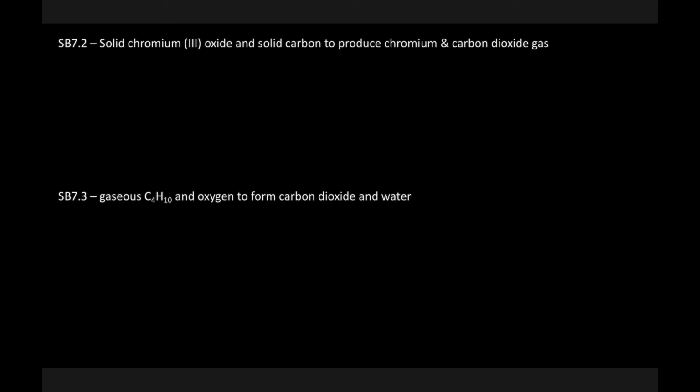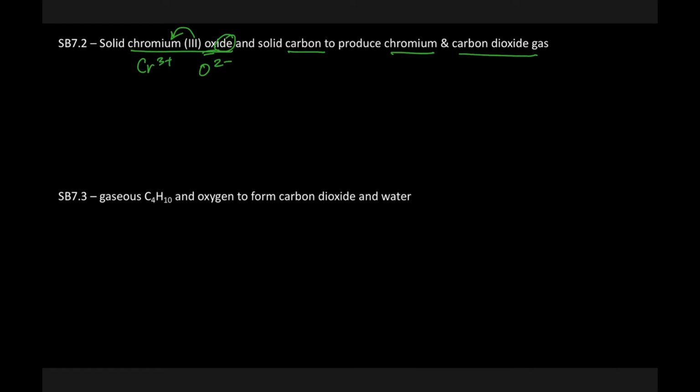It says that we have solid chromium(III) oxide and solid carbon produce chromium and carbon dioxide. First, we have to use our skills from chapter 5 to put these formulas together. So we have Cr3+. Oxide means oxygen, which has a 2 minus.